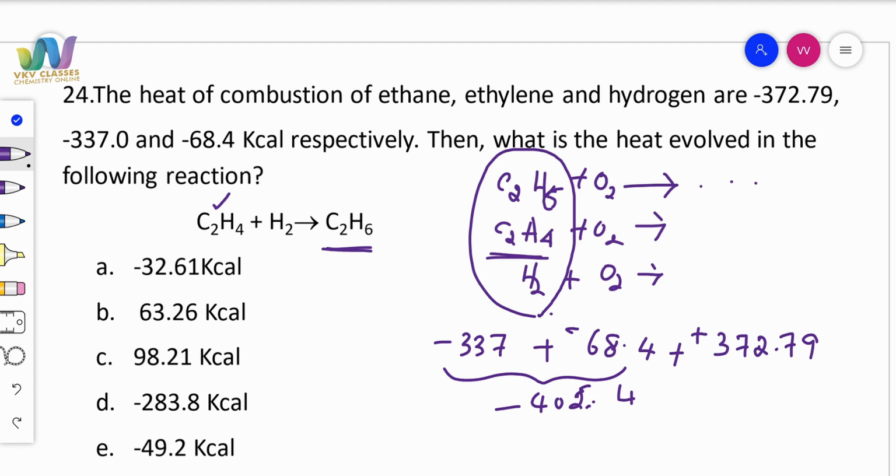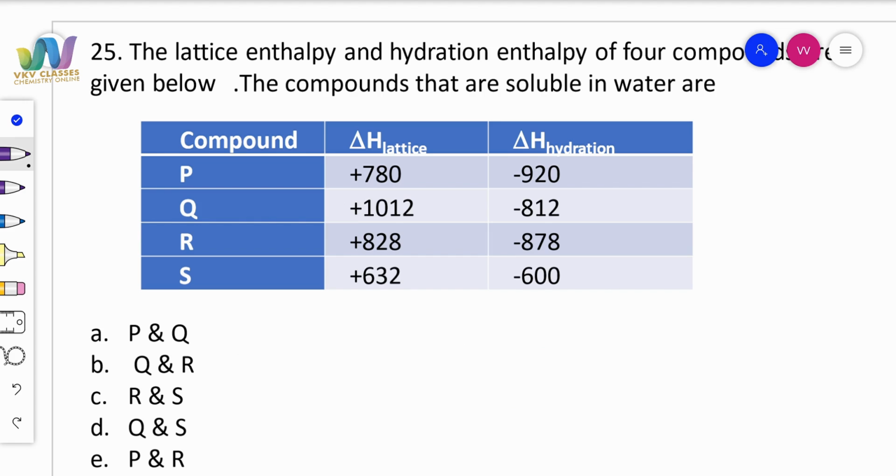When you subtract this, the net answer will be minus 32.61 kilocalories.